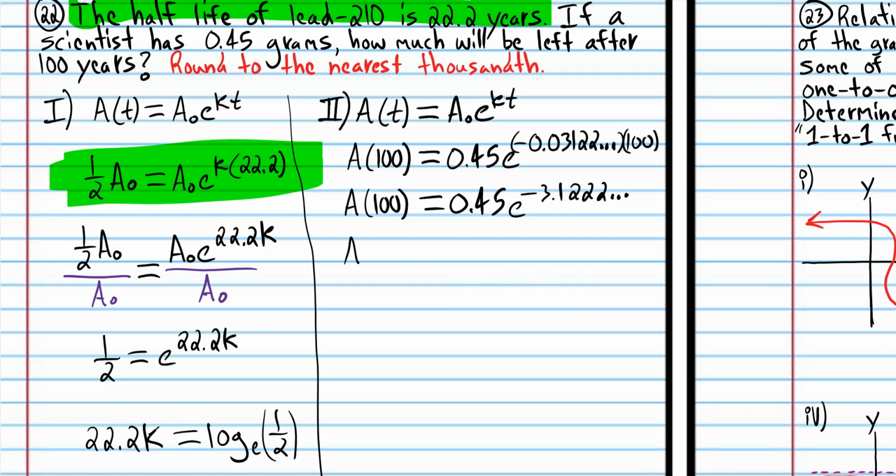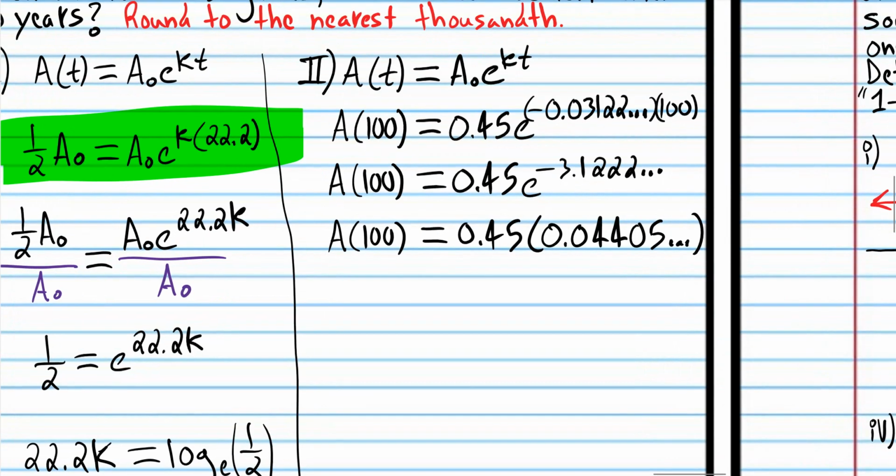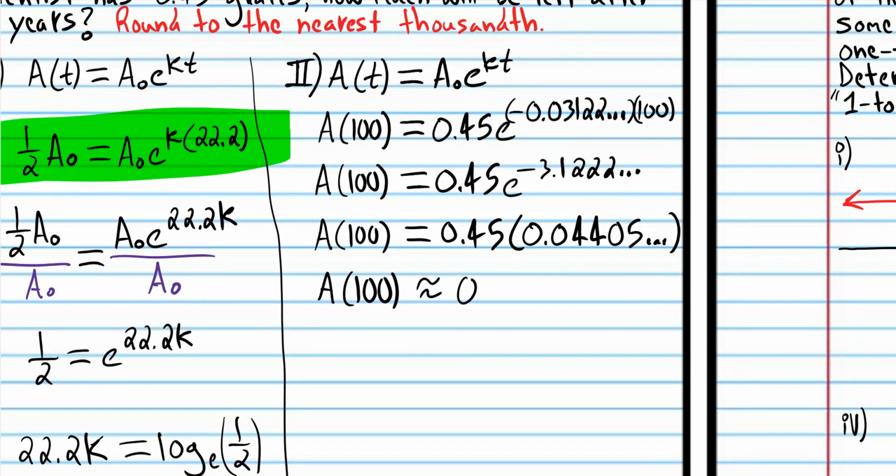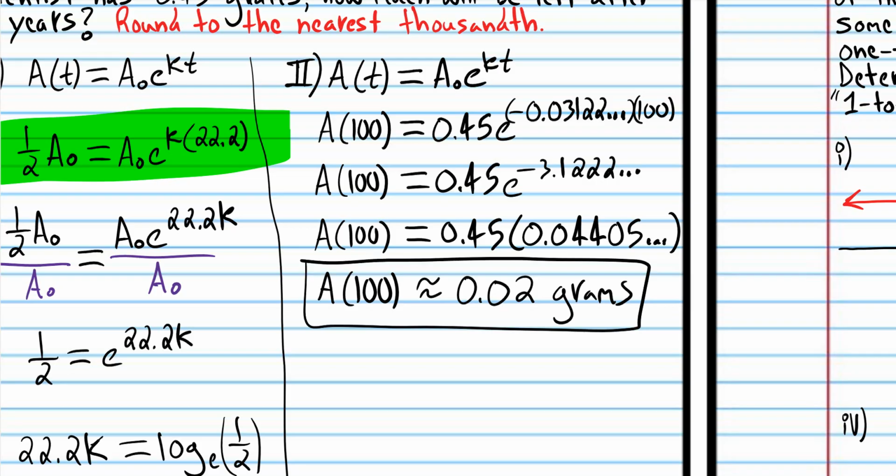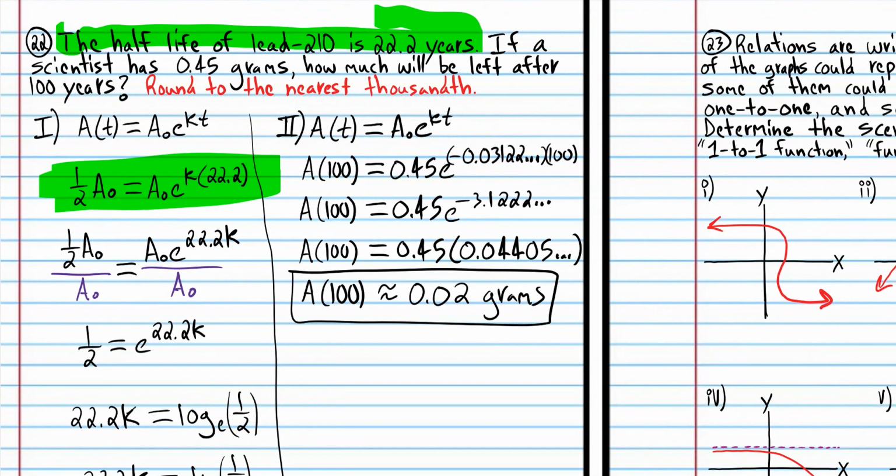Press enter, and then we get 0.04405 dot dot dot. Keep that number in your calculator and then multiply by 0.45, and we're going to see how many grams of this stuff is left after 100 years. Looks like we're going to have 0.02 grams, because it says to round to nearest thousands.